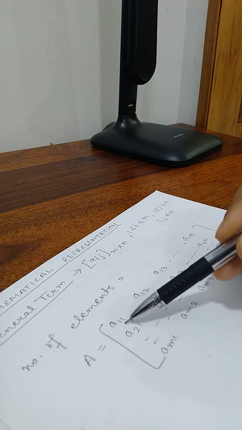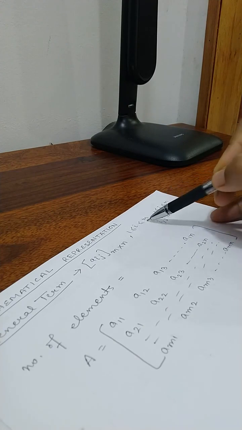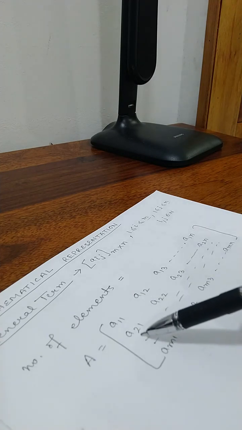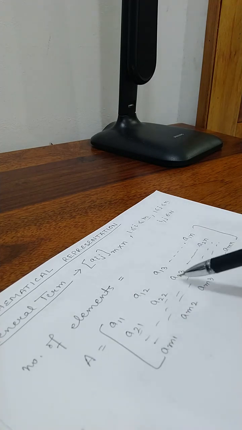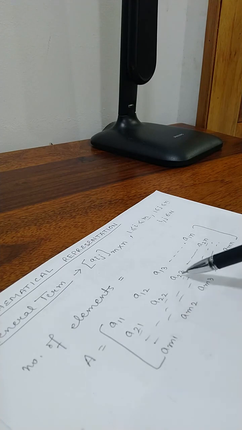That is why we have n columns and m rows. The second row should start from 2, and the number of columns is n again. So a21, a22, a23.